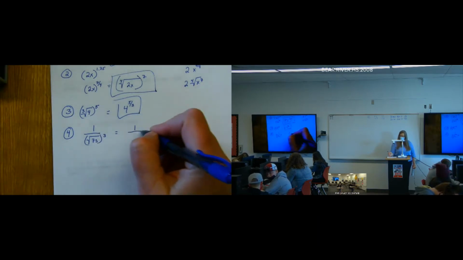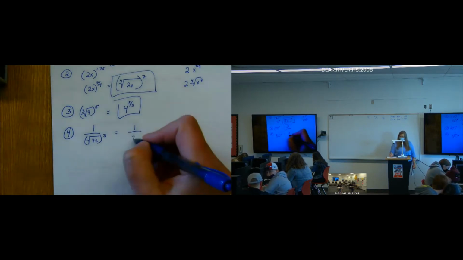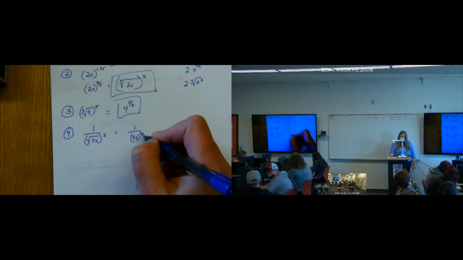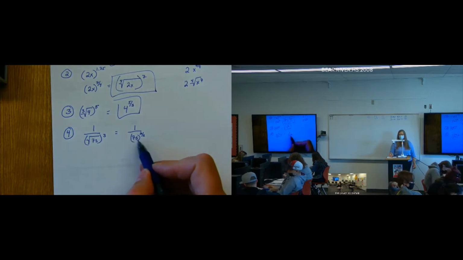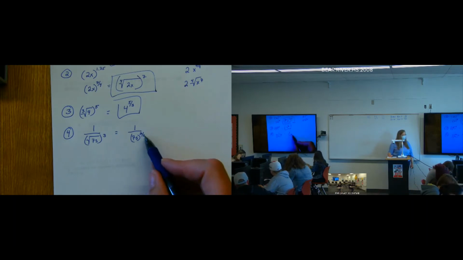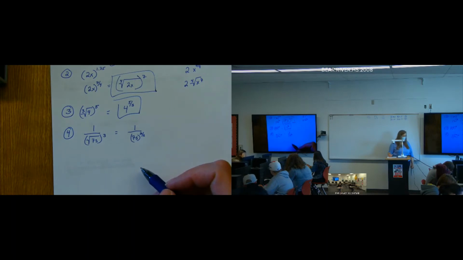I'm going to have 1 over 7s to the 3/2. Now notice I put parentheses on this. Why did I put parentheses on it? If I didn't put parentheses on it, would the 7 be to the 3/2 power? No. That's why I put the parentheses there.